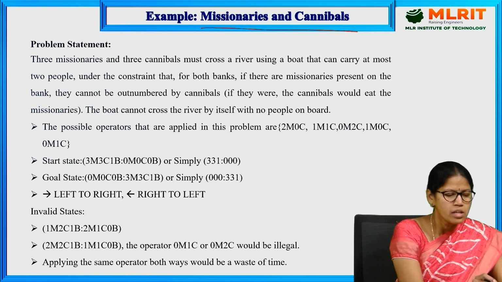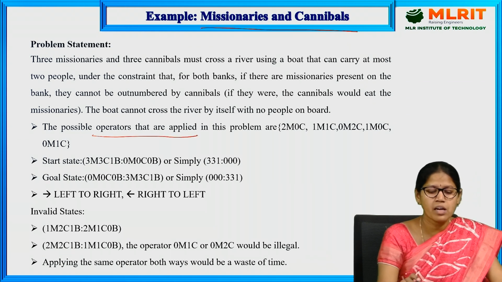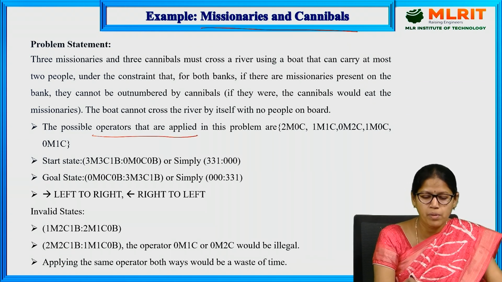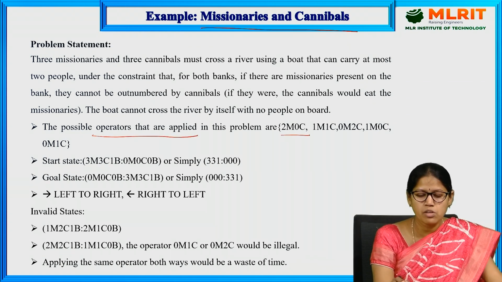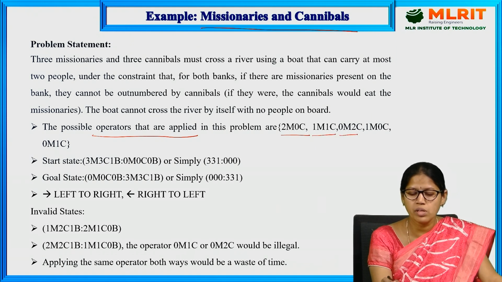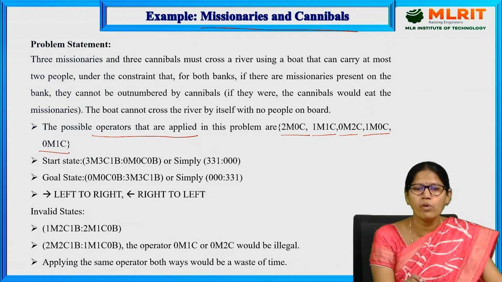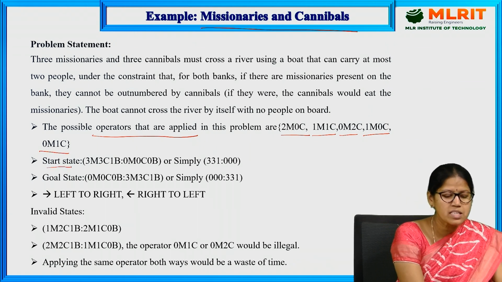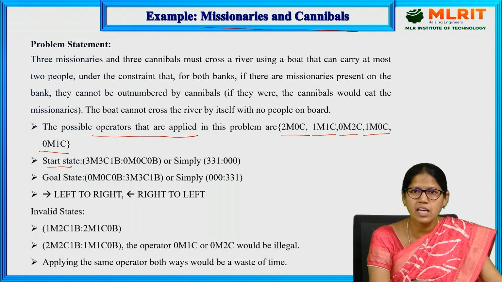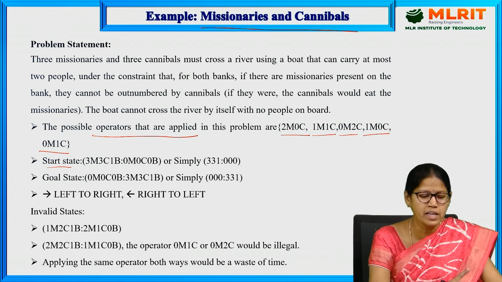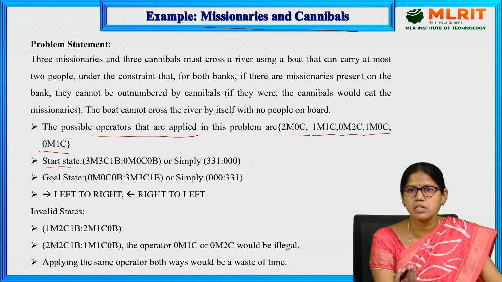The possible operators applied in this problem are: 2 missionaries 0 cannibals, 1 missionary 1 cannibal, 0 missionaries 2 cannibals, 1 missionary 0 cannibals, and 0 missionaries 1 cannibal. Next, the start state is 3 missionaries, 3 cannibals, and 1 boat at the left side, and the right side is the opposite: 0 missionaries, 0 cannibals, and 0 boat.